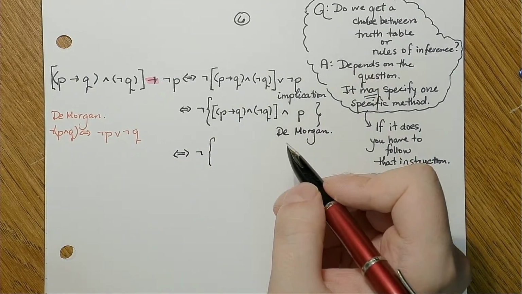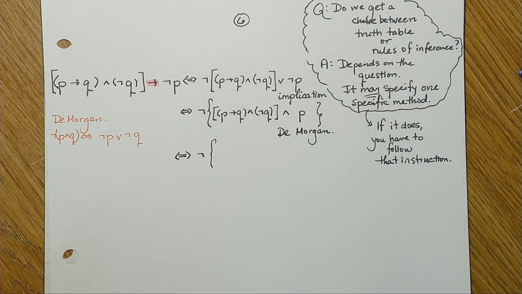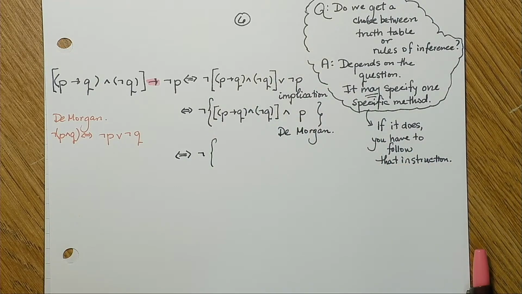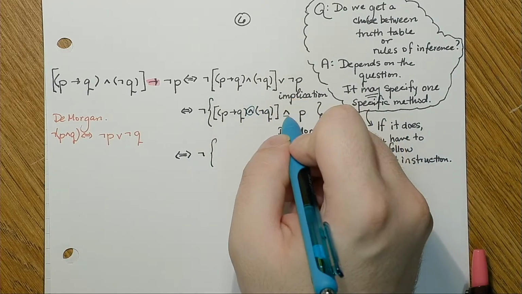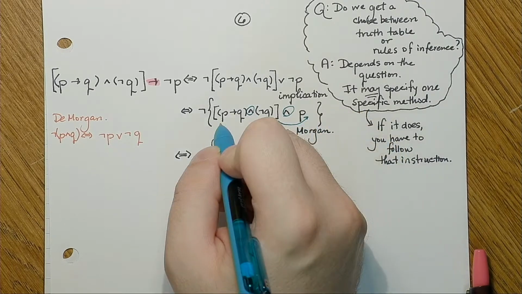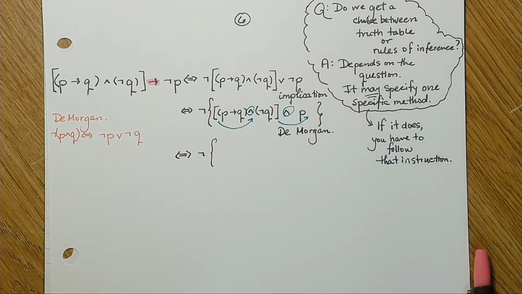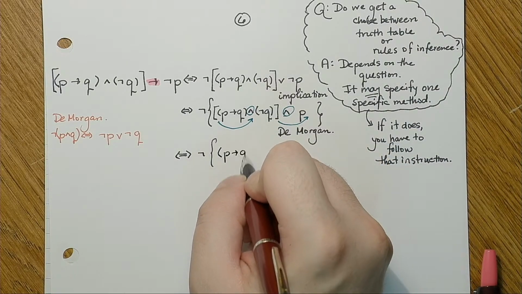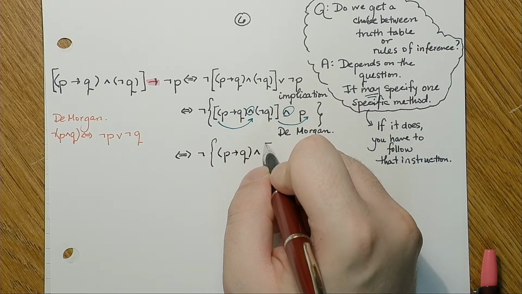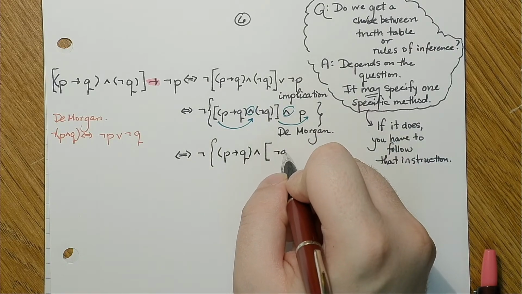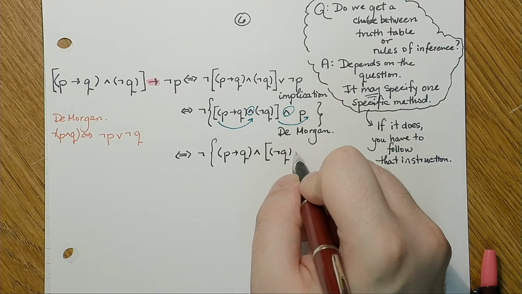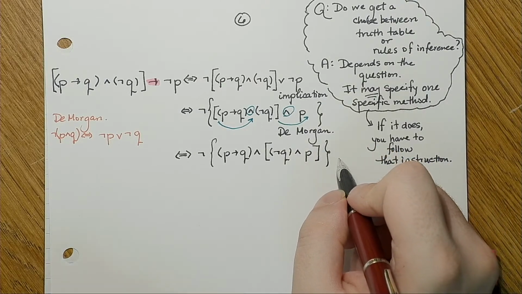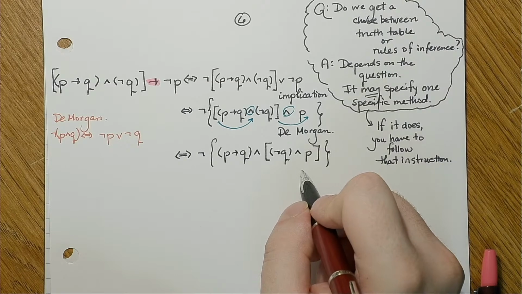Now I'm going to shift these brackets because I have an and right there. So I'm going to move this bracket here and this bracket here. This is by associativity.